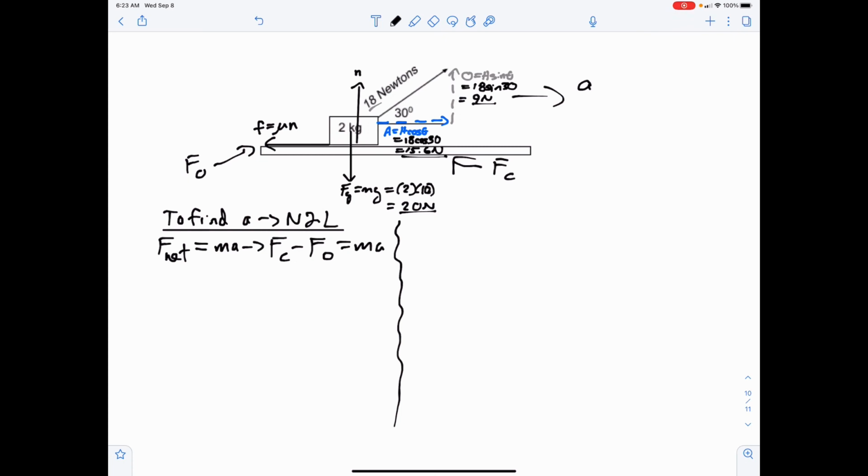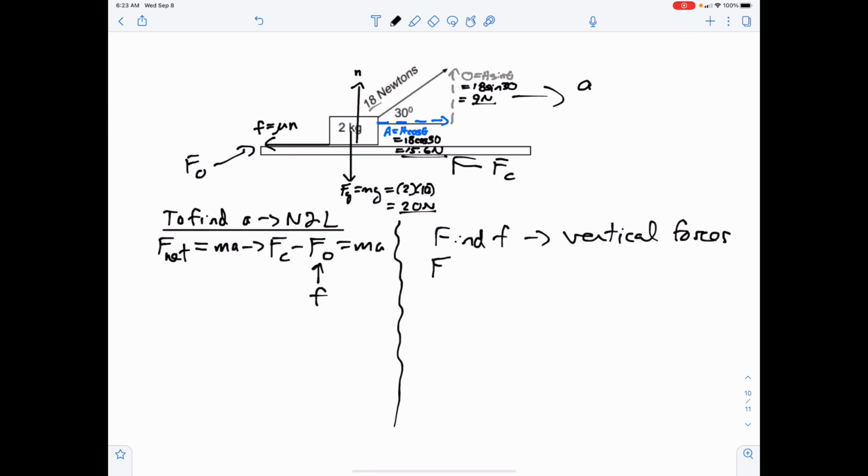So since friction is going to be that opposing force right there, we need to find friction. Otherwise, we're going to have a hard time continuing the problem. Now, in order to find friction, friction's a horizontal force, but friction involves normal force, which is a vertical force. So we have to start there. Deal with our vertical forces.